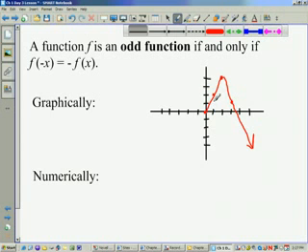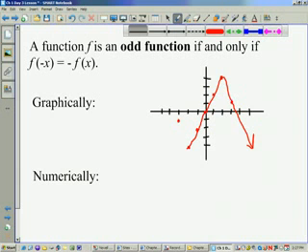If 1, 2 is a point on the function, then -1, -2 is in the same function, if it's odd. If 2, 4 is a point, then -2, -4 is a point. If we have 3, 1, then we should have -3, -1.